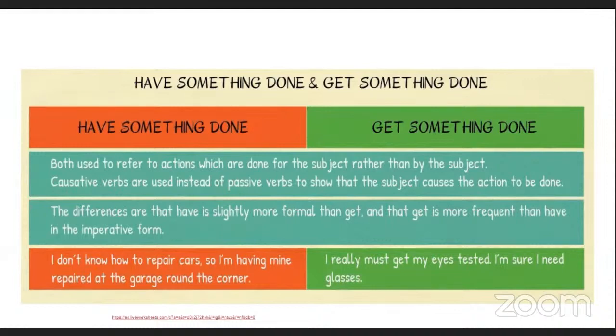Sorry, sorry. Okay, then when we use have or get, the verb is in the simple past. Yes. When we use had or got, the verb is in the past participle. Okay, past participle. And when we use having, like in the present continuous, it is also in the simple past.